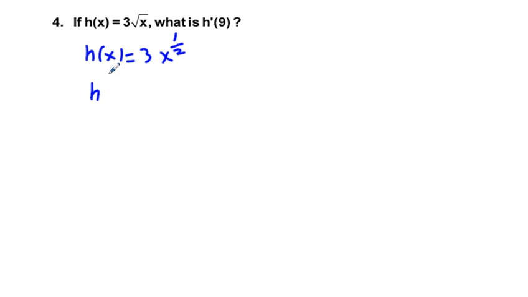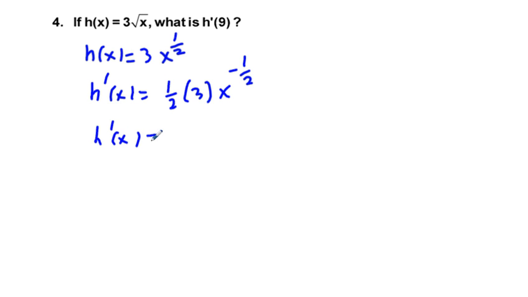So h prime of x is going to be 1/2 times 3 x to the negative 1/2 power. Just simplifying here, that's going to be 3 over 2 square root of x.